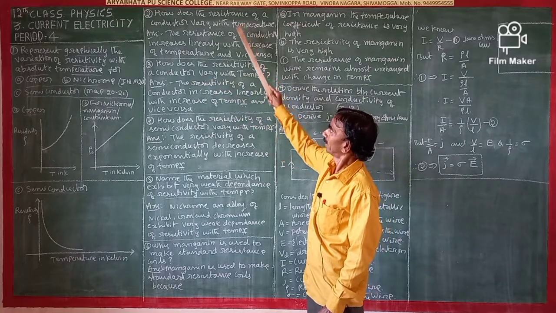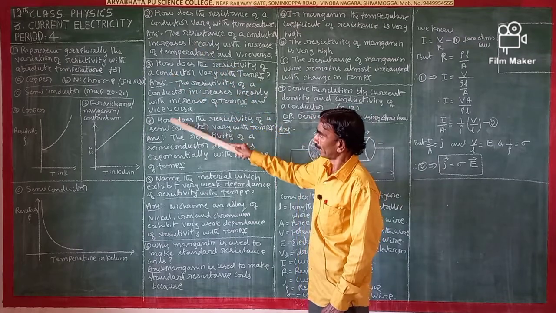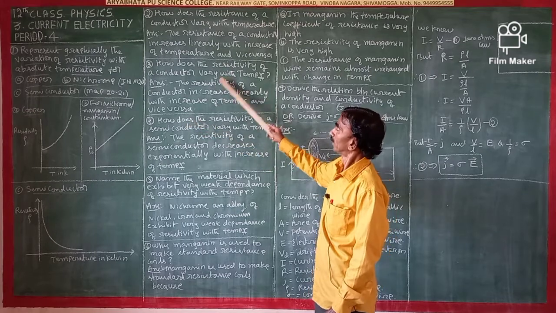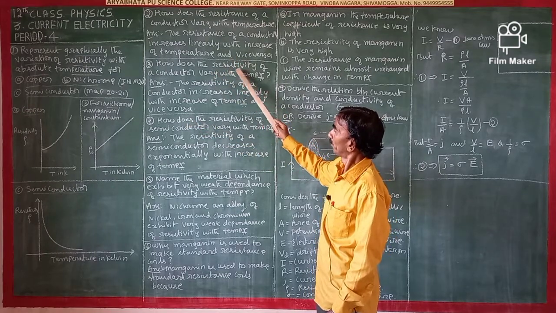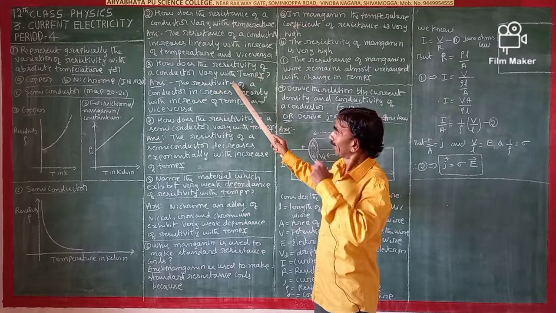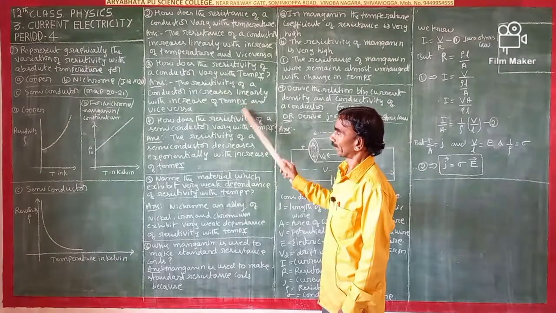Here is resistance, here is resistivity; here is conductor, here is conductor, here is semiconductor. It is important, you have to remember it. The resistivity of a conductor increases linearly with increase of temperature.